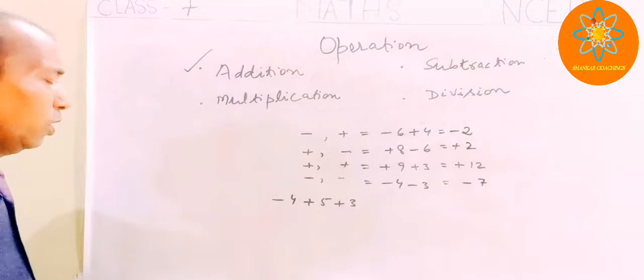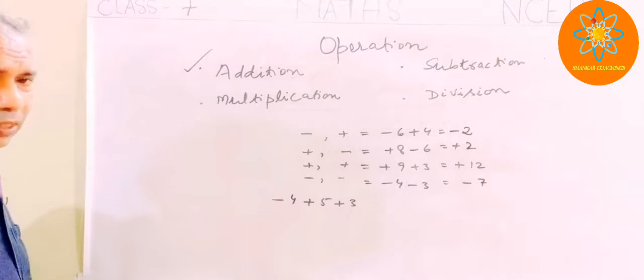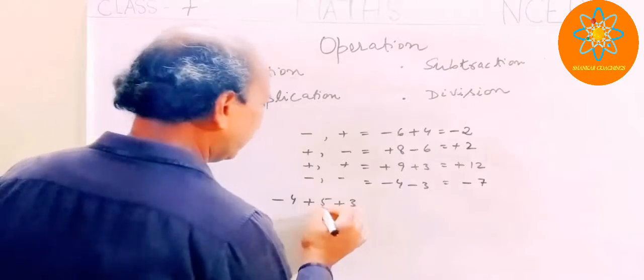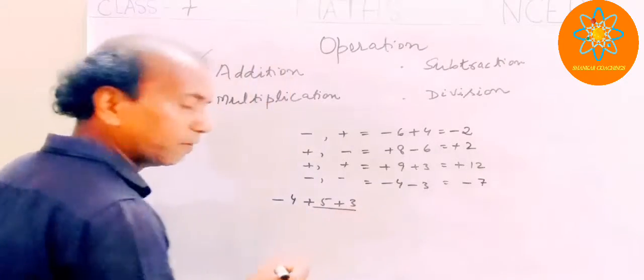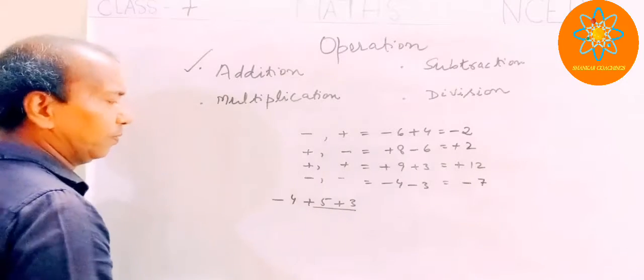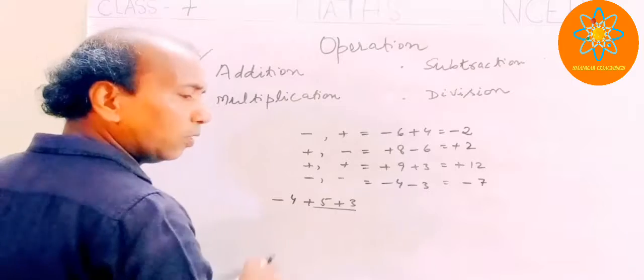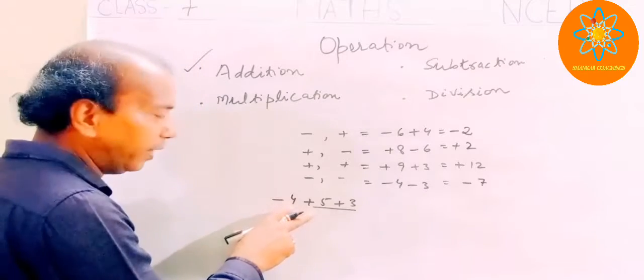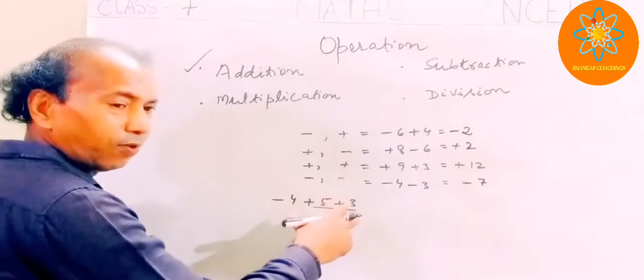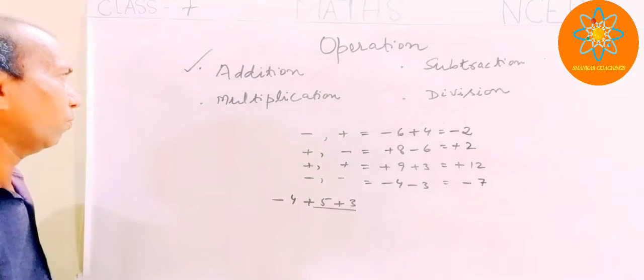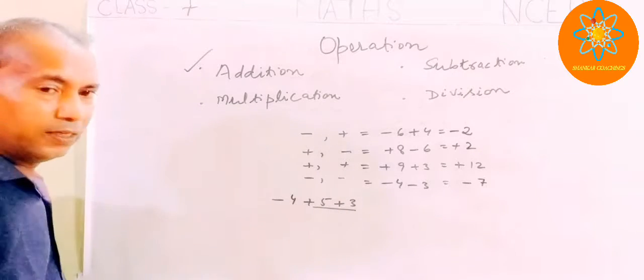So there are two ways of doing this. First, you take the same signs first and add those. Or you can do one thing: you take the first 2 and then the next one. In that way also you can find the value of the addition of the integers.